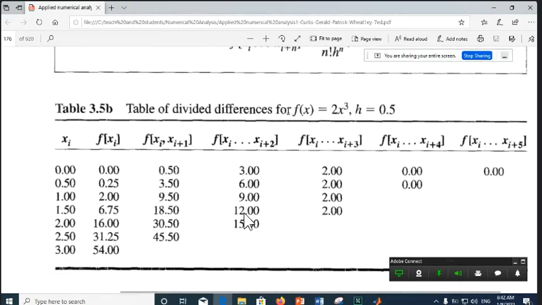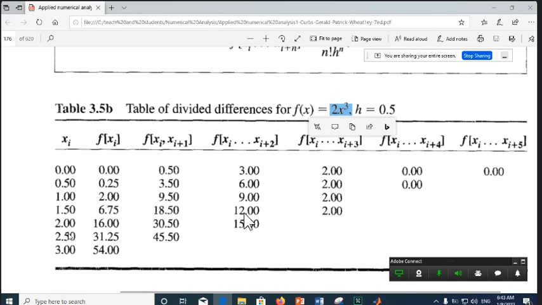Here is a table of divided differences for a function of degree 3, and it is obvious we need at most 4 points to interpolate this function.